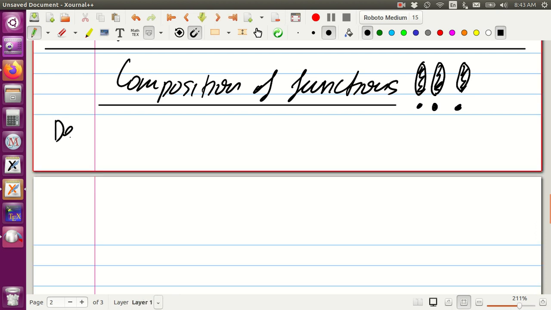Let's start with the definition here and see what we can come up with.